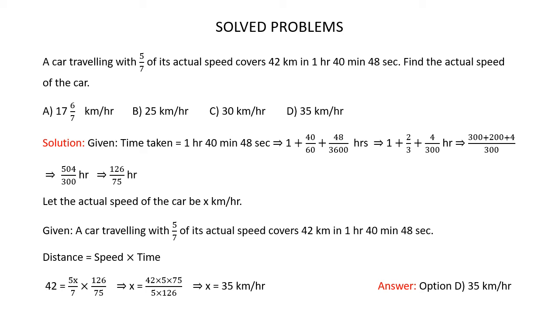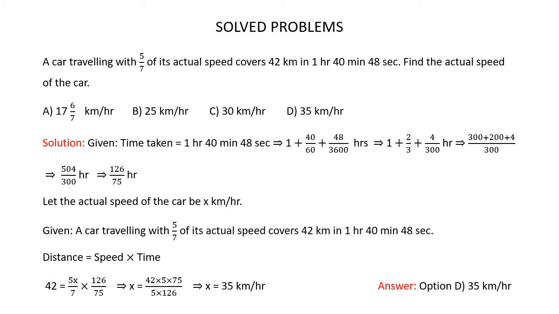Now distance is 42 kilometers and time is 1 hour, 40 minutes and 48 seconds, which is nothing but 126 divided by 75 hours. Now we know that distance is equal to speed multiplied by time.